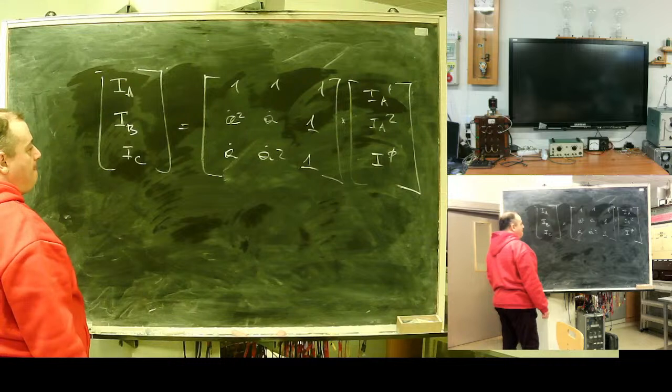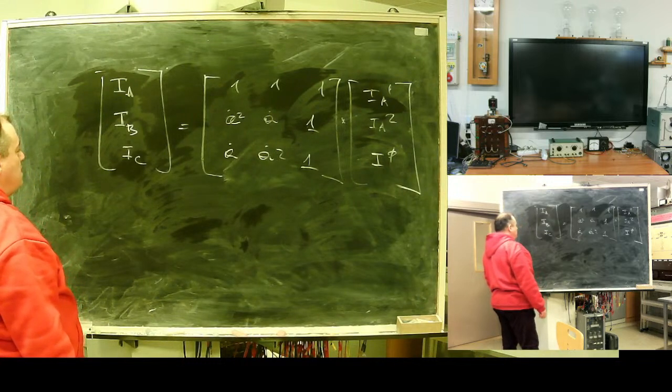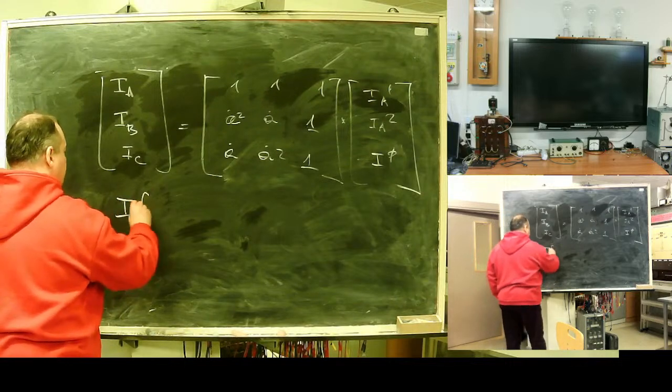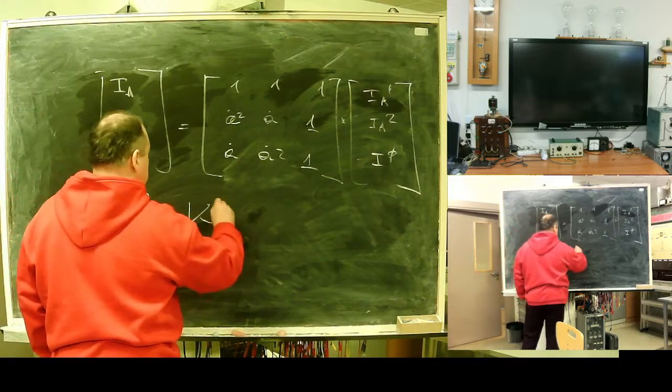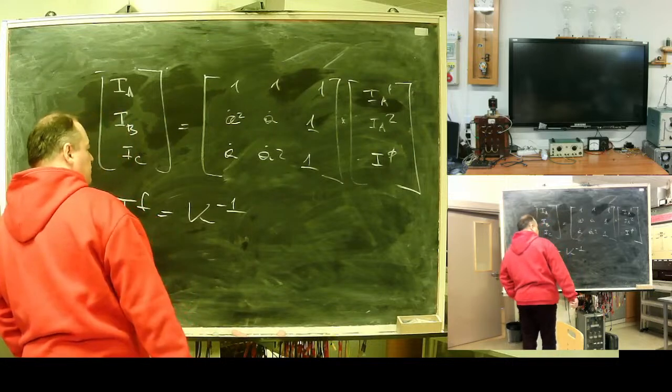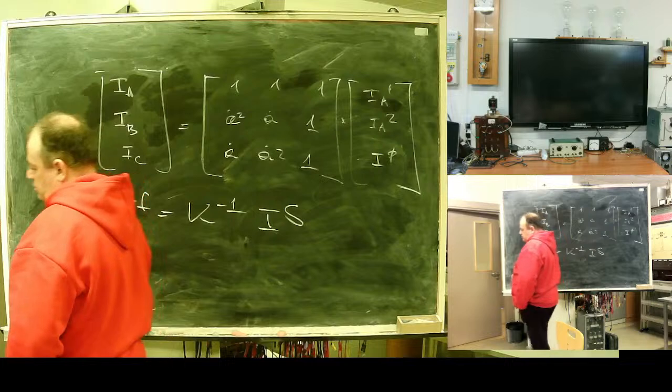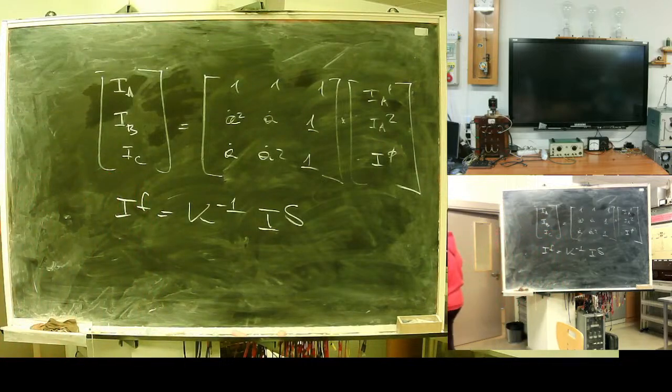Here it is. So current in phase coordinates equals inverse transform matrix times current in sequence coordinates. Why am I repeating this?